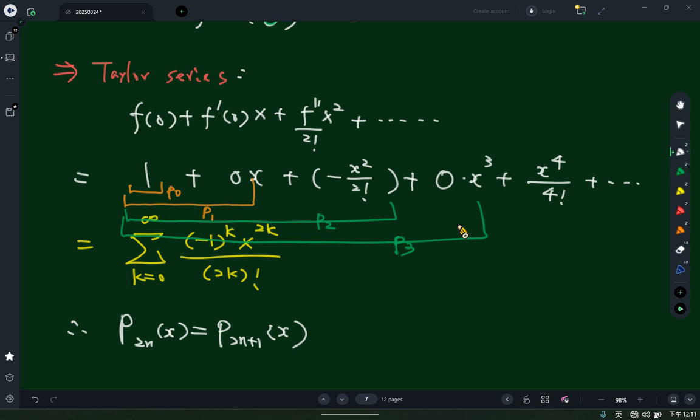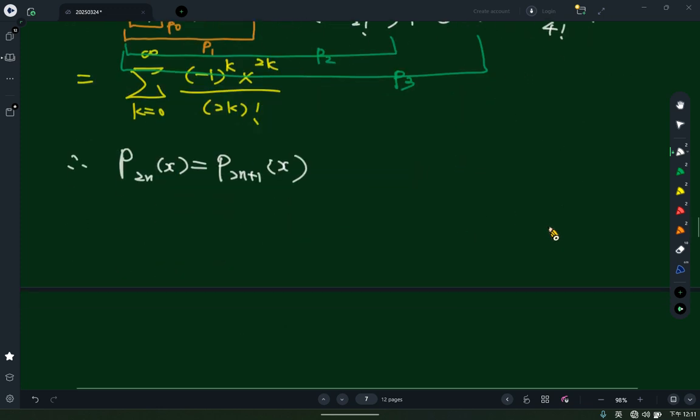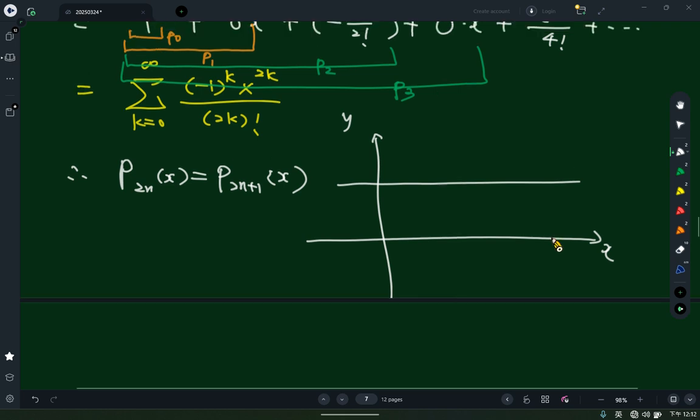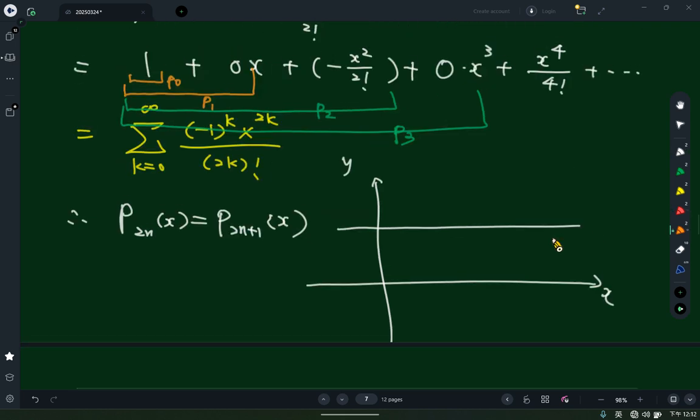Okay, then you can also take a look at the figure. I can show you the figure, it is just like this. This is P0, P1. Then this one is P2. P2 of x also becomes P3.